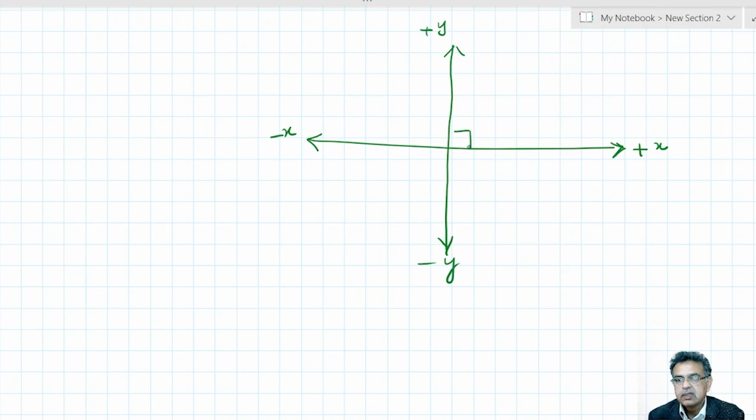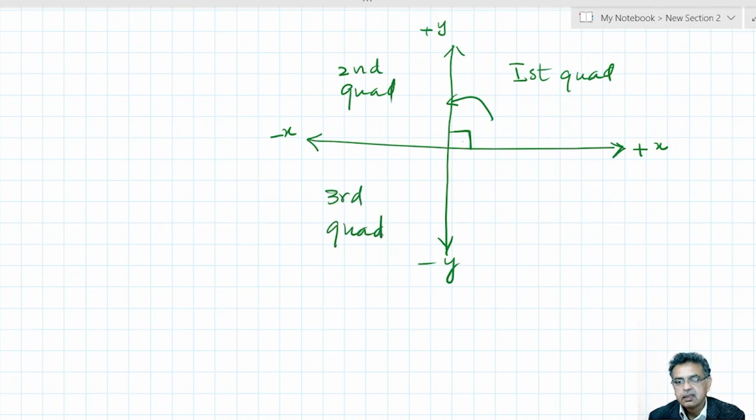This one quarter, the total being 360, then one quarter of it is 90 degrees. So this is named as first quadrant. And in anti-clockwise order, this is named as second quadrant, this is third quadrant, and the last one is fourth quadrant.